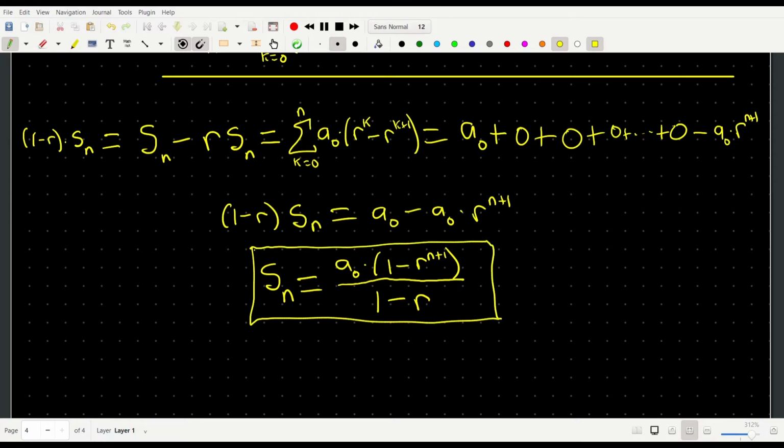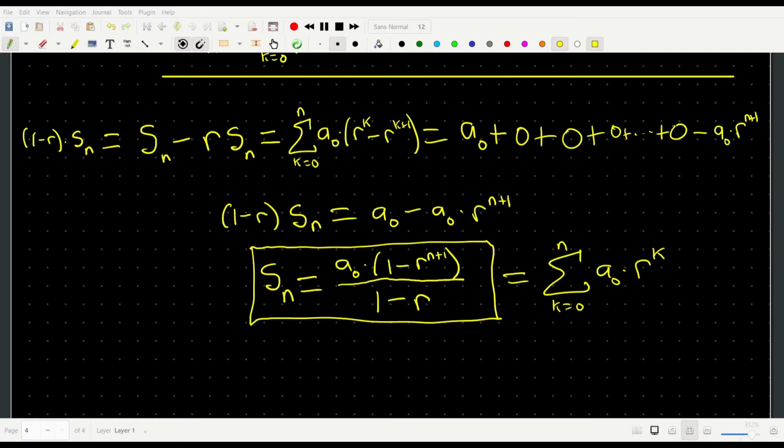This is a closed form formula for the nth partial sum of an infinite geometric series, or just the finite geometric series up to n. This value is a function of a naught, r, and n that will always be equal to the sum from k equals 0 to n of a naught times r to the k, for any values of a naught, n, and r.